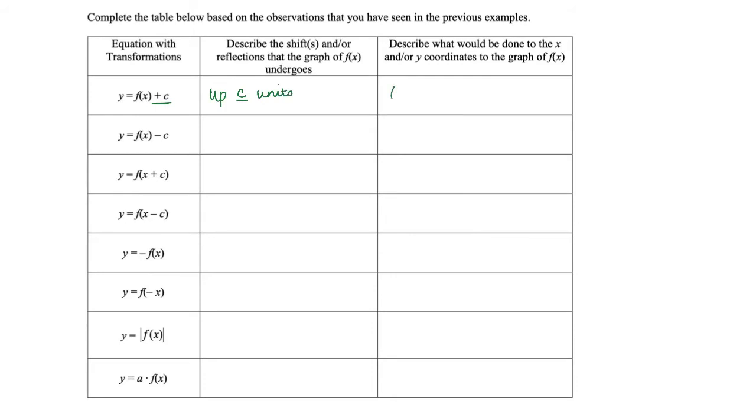And what the coordinates would look like is going to be x comma y plus c. On the next one, this is going to go down c units. And this is going to be x comma y minus c is what that coordinate would look like.